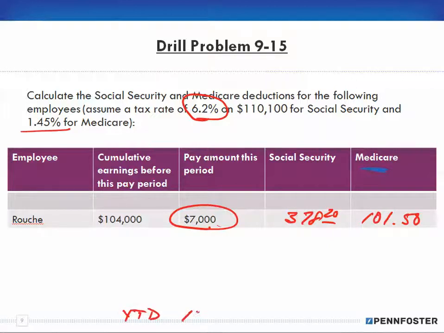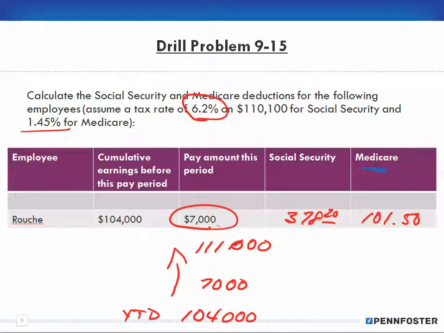So if the year-to-date figure was 104,000, and he's being paid an additional 7,000 more, that's going to bring his wage up to $111,000.